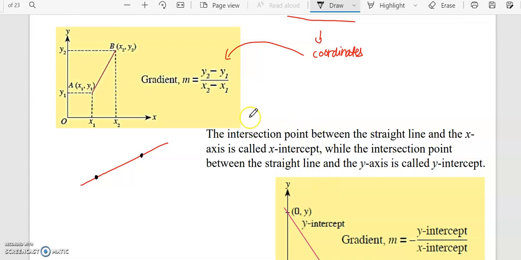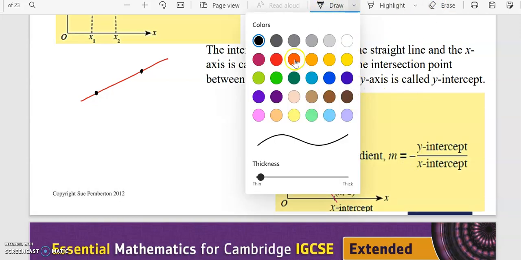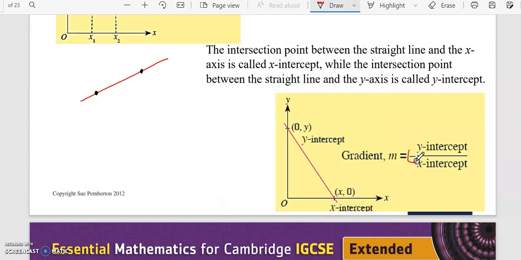Okay, so another formula for gradient is gradient is equal to negative y-intercept over x-intercept. It has a negative, so please beware of this part. Okay, what does it mean by y-intercept and x-intercept?